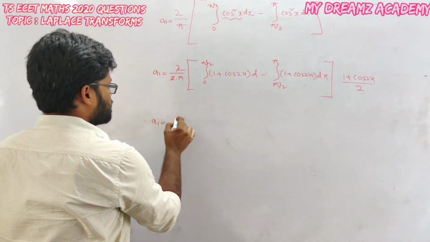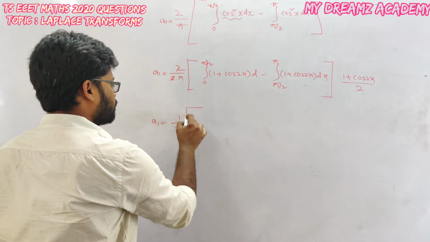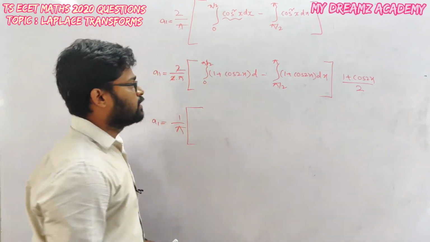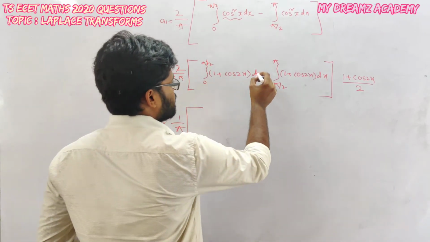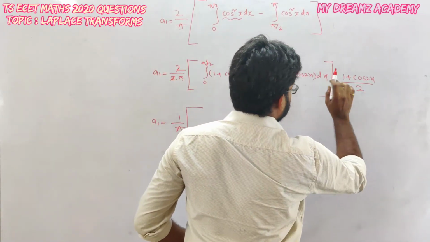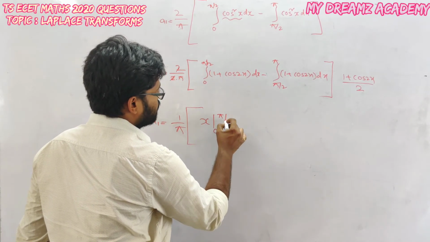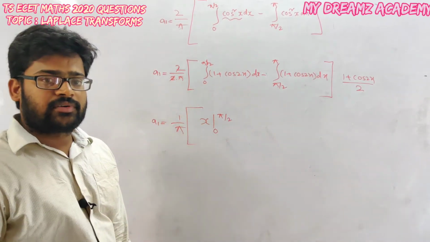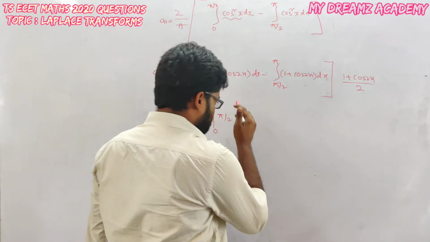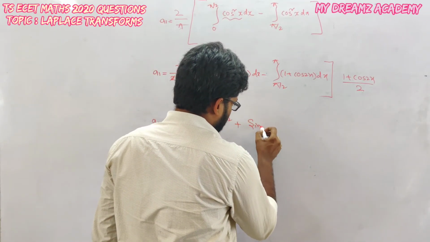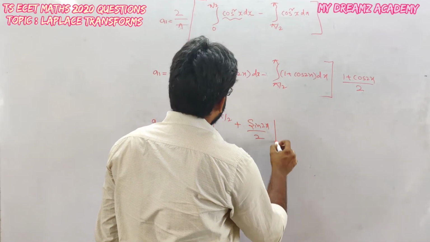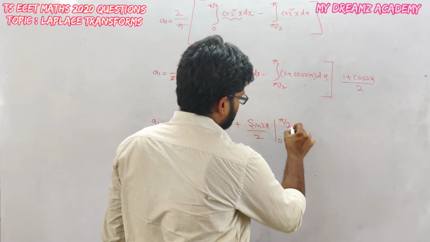So a1 is equal to 1 by pi. What is the integration of 1? That is x, with limits from 0 to pi by 2. And what is the integration of cos 2x? That is sin 2x by 2, with limits from 0 to pi by 2.